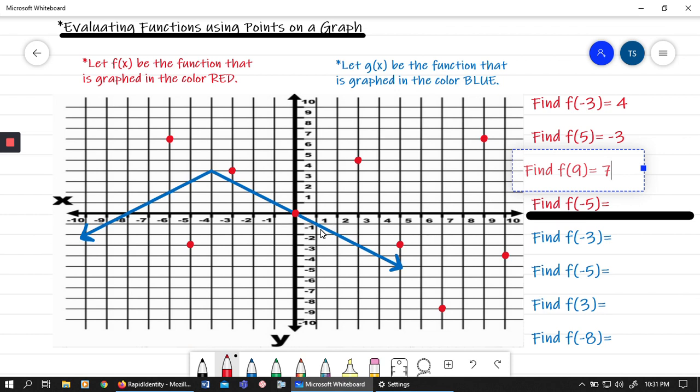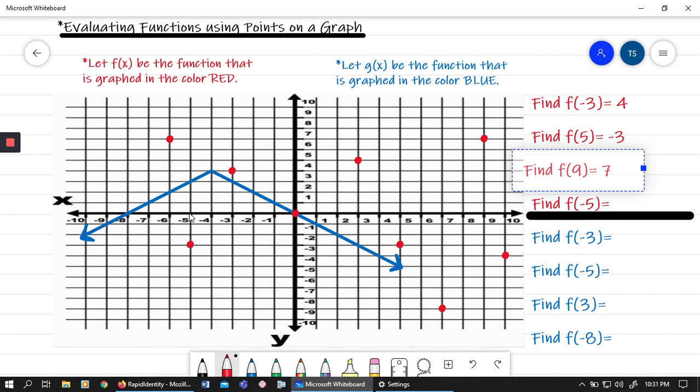Alright, and then the last one, f of negative 5. So again, if we go to that x value, negative 5, right? We're going to the left. 1, 2, 3, 4, 5. Negative 5. The only red coordinate point at that x value of negative 5 is where we go down. Down how many? Let's count it. 1, 2, 3.